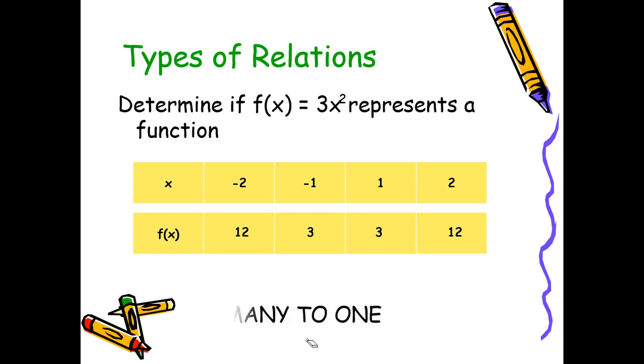Okay? O, ang tanong pang isa, kapag many to one po ba, function o hindi? Function po ba kaya si many to one? Dalawa yung domain, pero iisa lang yung range. Okay.